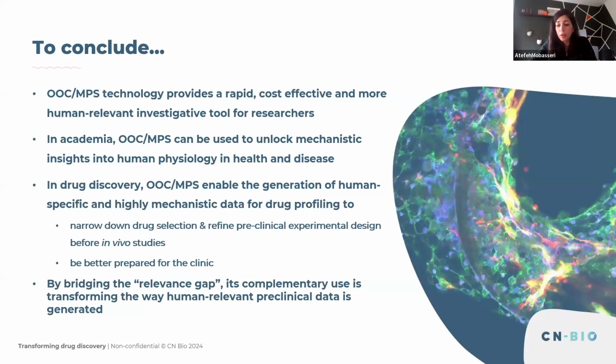So to conclude the seminar, I hope today I could uncover some of the advantages of organoid chip technology in terms of giving us more confidence, giving us a more human-relevant investigative tool, and reducing our costs, so it would be a very cost-effective model.